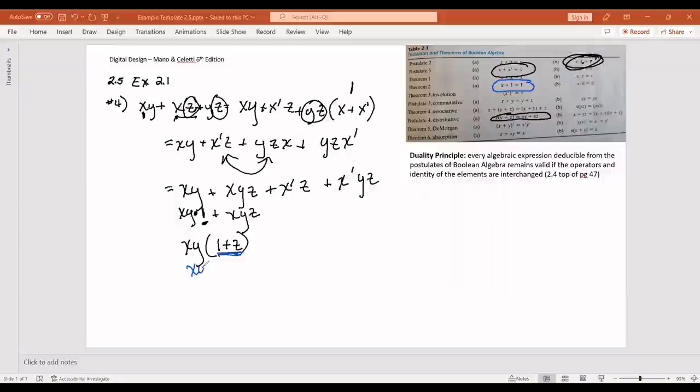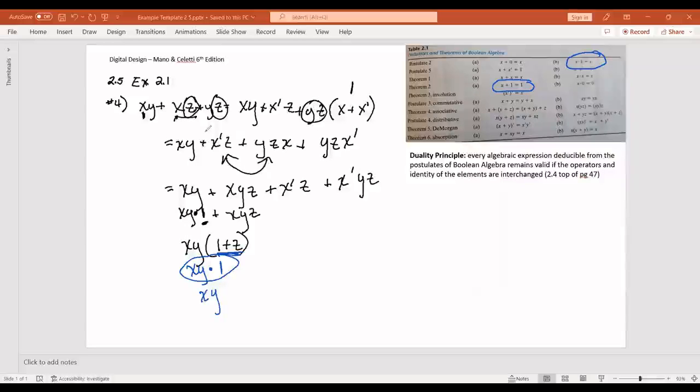So you could consider this X and 1. Let me erase something because we're making a big mess. Anything times 1 is itself, so then this is just XY.